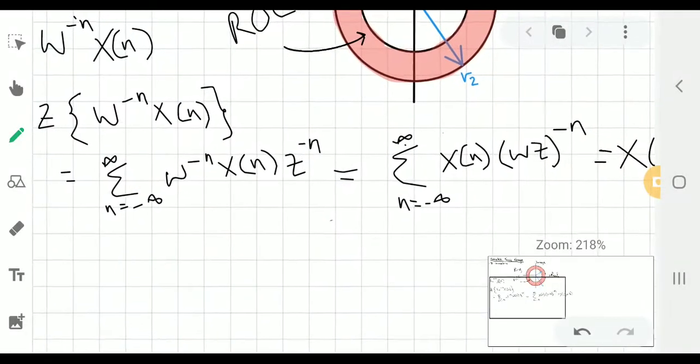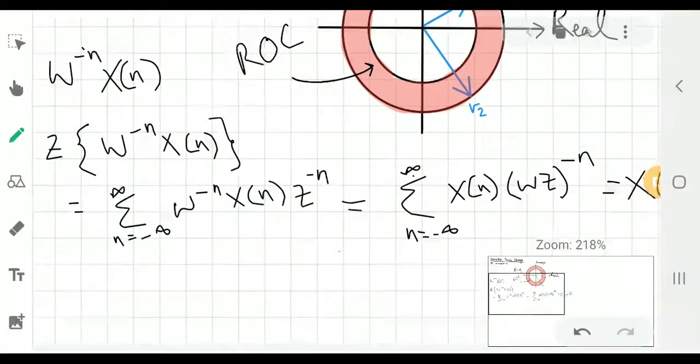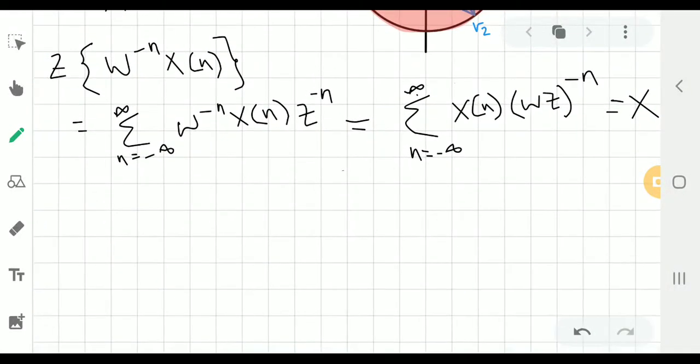So what do we know about this ROC? If we look at the boundaries, we know that the magnitude of wz is greater than R1 but less than R2.